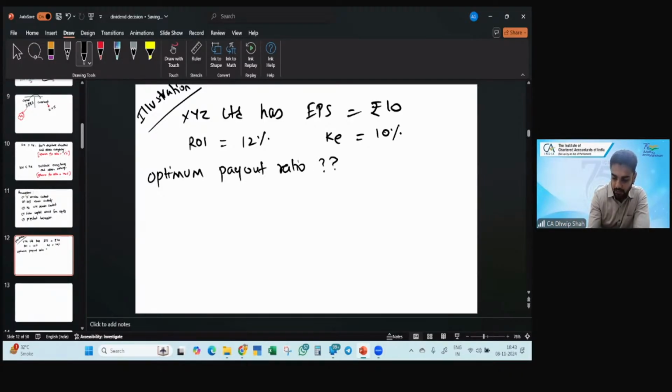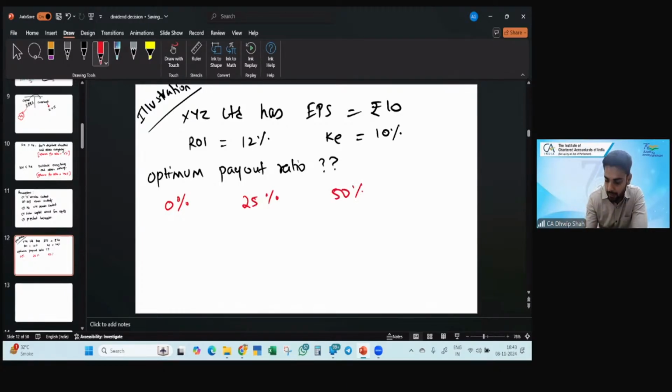So let me add something. Just for our better clarification, let's take different scenarios. If the payout ratio is 0%, let's calculate the market price as per Walter. If the payout ratio is 25%, let's calculate the market price using the Walter model.